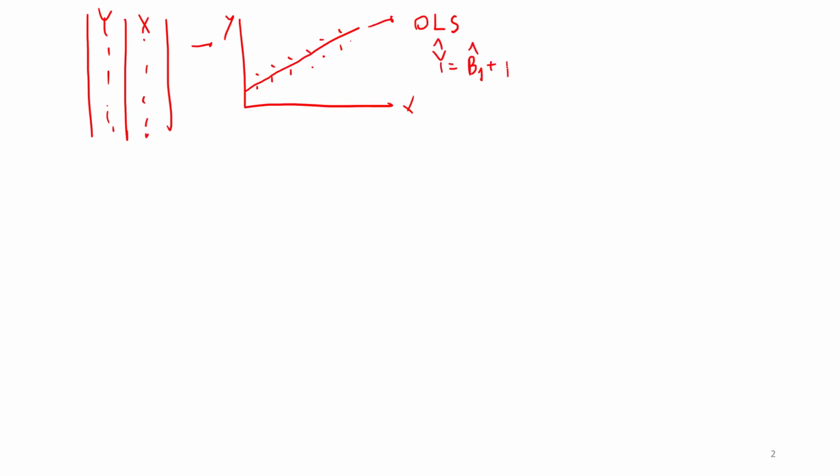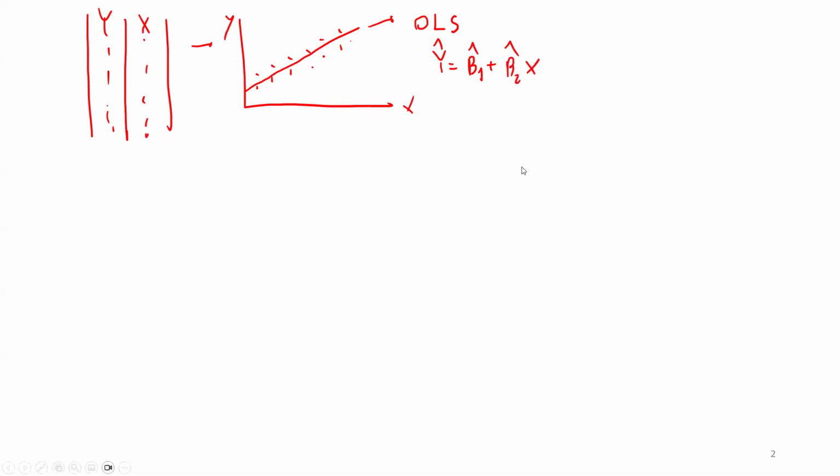Then we plot the scatter to see the relationship. Once we see the relationship, we use an econometrics technique called OLS to find the equation. So y hat equals beta 1 hat plus beta 2 hat x.